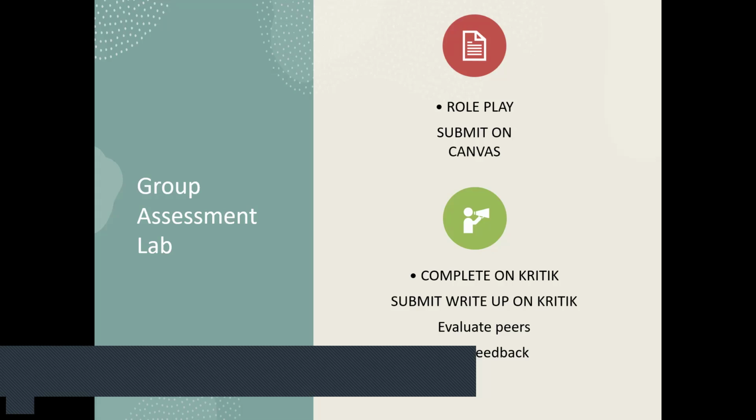There's 5 people in each group, so you will each take the turn of playing the role of the assessor and the client. For each one of the videos, there's different scenarios that you've been given. So you pick the scenario that you like the best, and then you do the video.